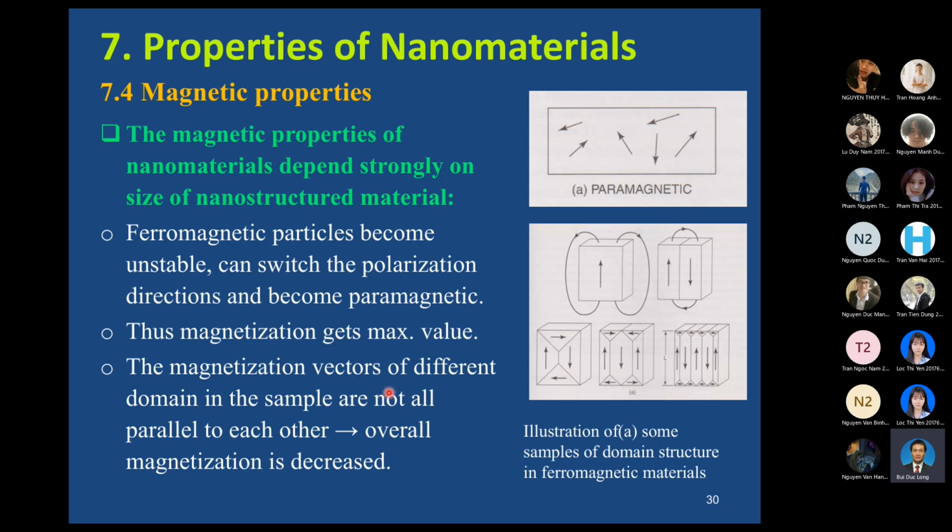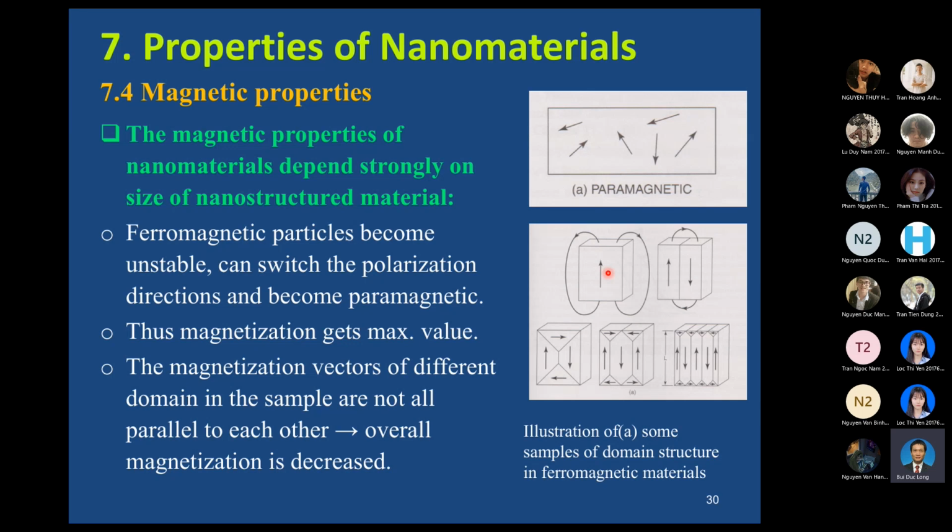And the magnetization vector of a different domain. One vector we call one domain. So the domain in a nanoparticle is applied as one domain, and only contains one magnetization vector.